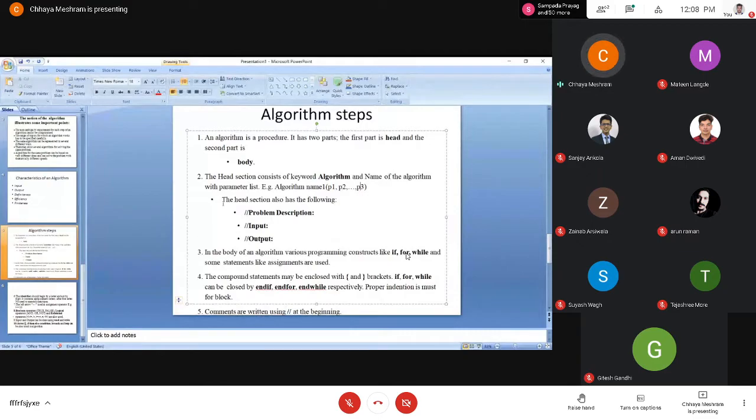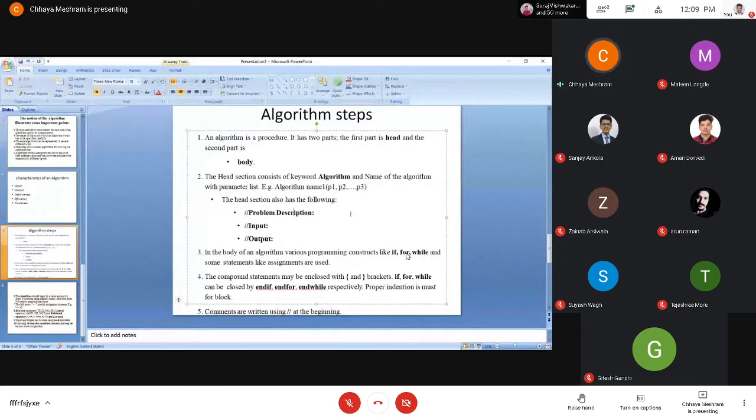Okay, so the head section has the keyword algorithm, the algorithm name and the parameters. Along with that, the head section may have the problem definition, the input associated with it, and the output we will get. We will see it in the example of how to write the algorithm for a particular problem.